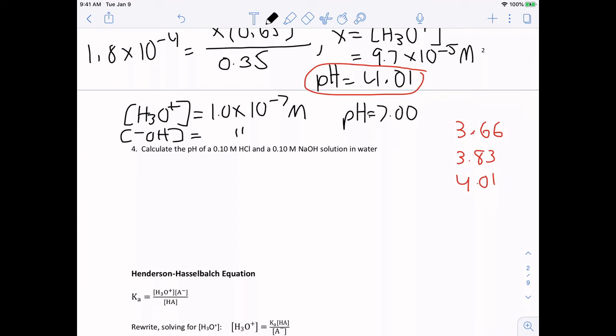And then the HCl one, remember that hydronium ion concentration is equal to my strong acid concentration. So hydronium ion concentration is equal to 0.10 molar. Take the negative log of that number.